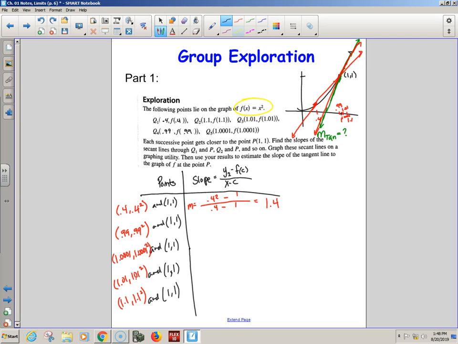I want to know the slopes. Even just between 0.4 and 0.99, it sure seems like those secant lines are converging towards the tangent line. Converging, that's a thing.